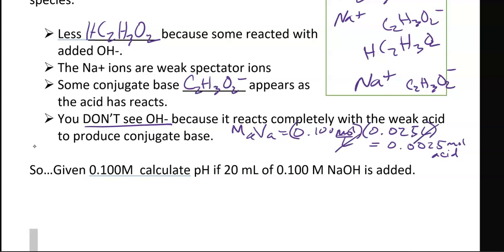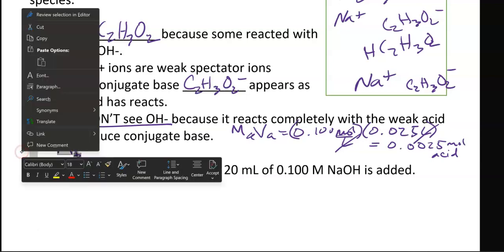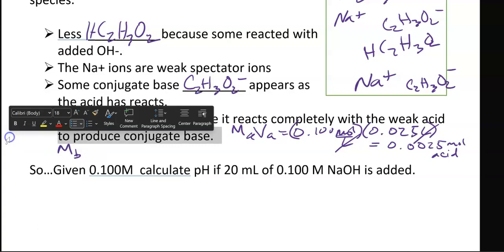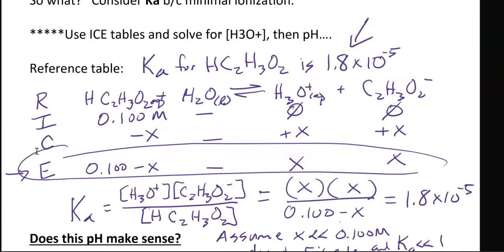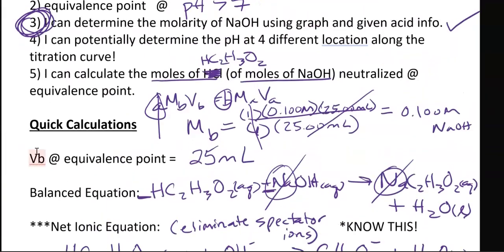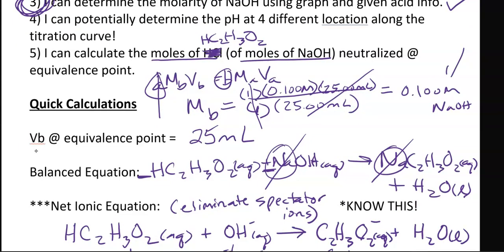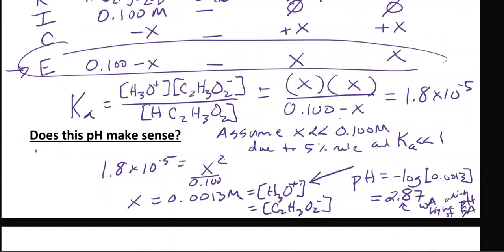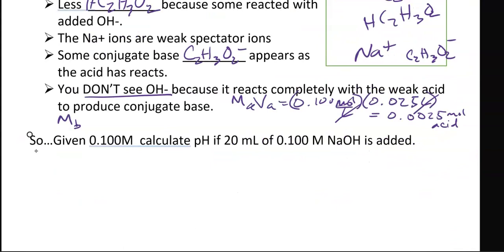Another thing that you can do to help you keep track is consider, well, what's going on with the base? We know the molarity of the base. We determined that way early on, a couple pages back. You also know the volume of the base.